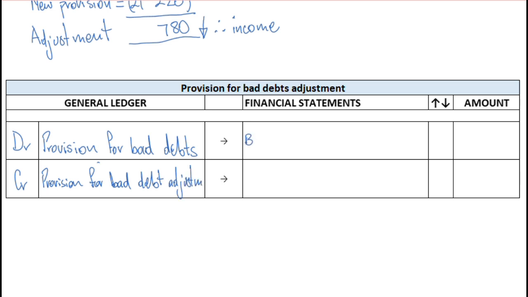In the financial statements, the provision for bad debts account sits in the balance sheet under the trade and other receivables line item.